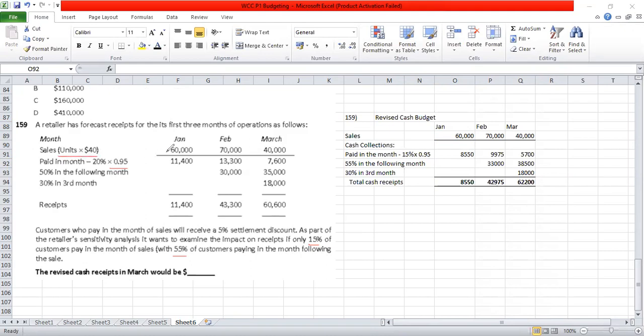So this is $60,000, $70,000, $40,000. Okay, ma'am, because the calculation is mentioned here, the total number of units into each unit at the rate of 40, then these are the values which have come up. Yes, ma'am, I understood. I think you got confused with the number of units there.